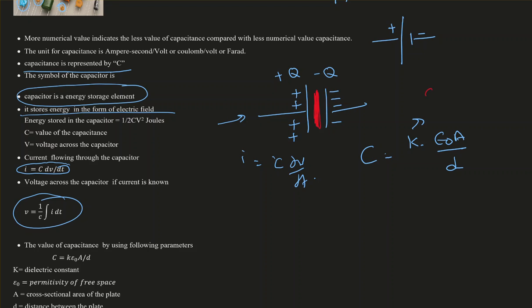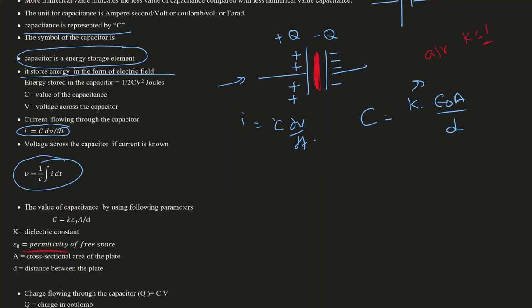For air and vacuum, the K value is 1, but for every other material, the K value changes. Epsilon naught is called the permittivity of free space. That value is 8.85 times 10 to the power of minus 12. A is the cross-sectional area, D is the distance between the plates. Most of the cases, A is large compared to the distance between the plates.